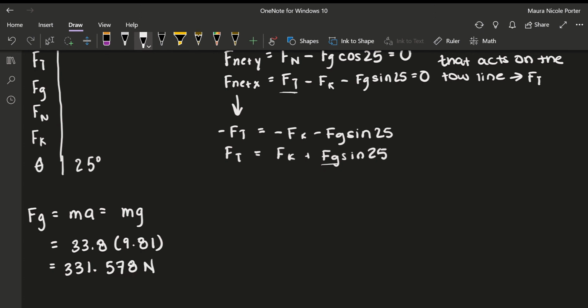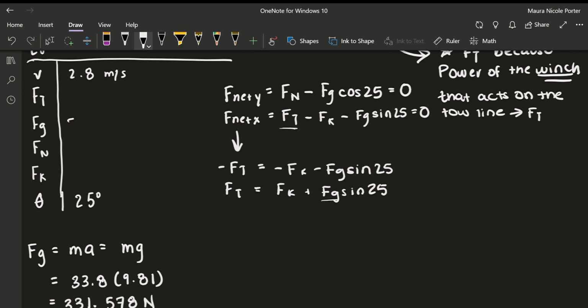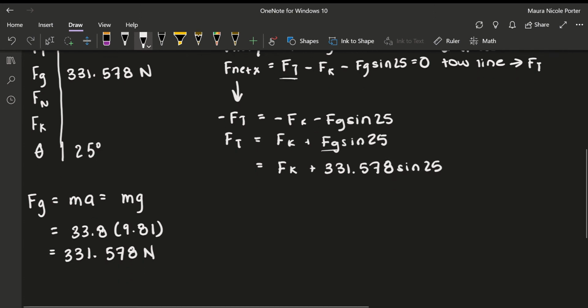I'm going to put that in our chart just so we have it. So 331.578 newtons, and we'll plug this now into the equation. So we have f of k plus 331.578 sine of 25.